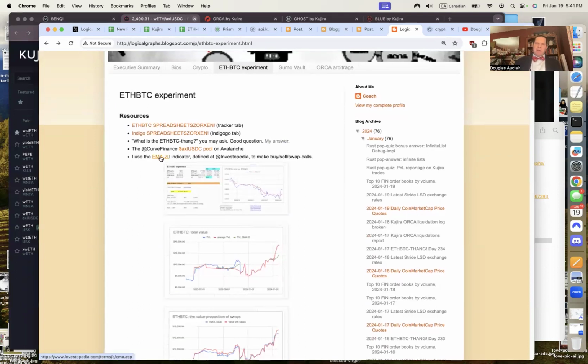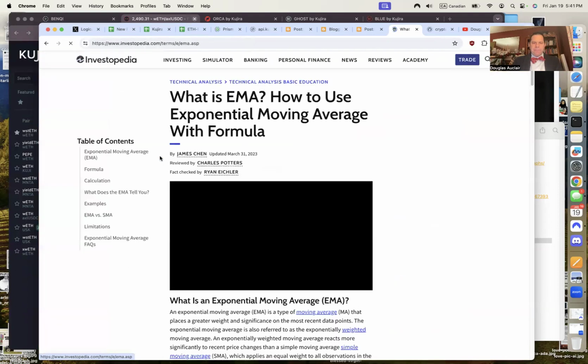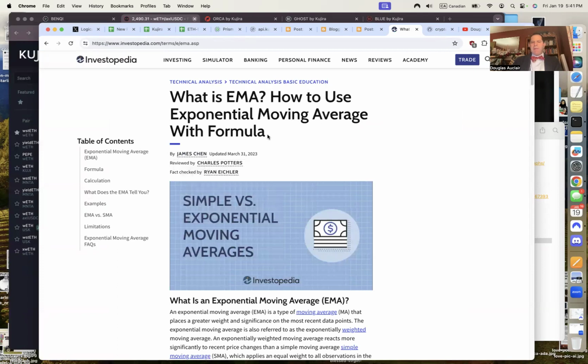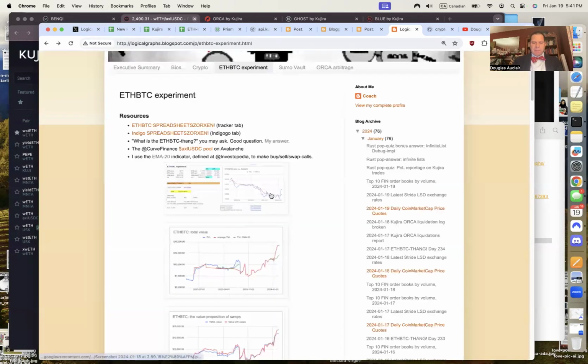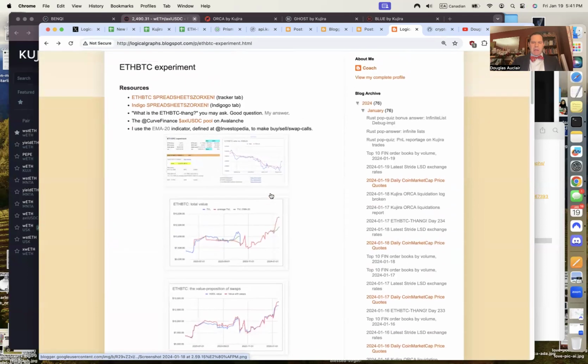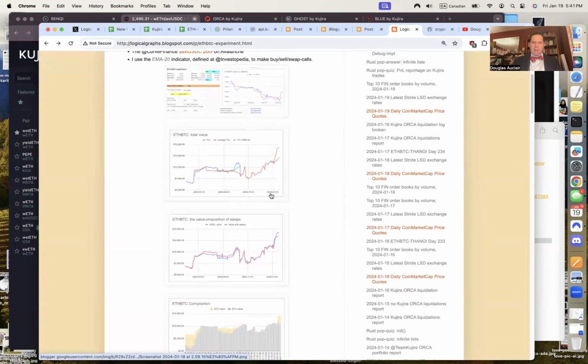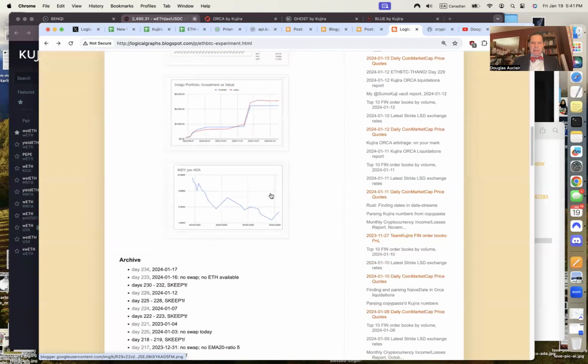What is the EMA 20 indicator? Well, if you go to the article, you see what is EMA. It's the Exponential Moving Average, and then how I use it, we'll be talking about. You see on my page, I have a series of charts associated with the ETHBEF thing. We'll get into that.